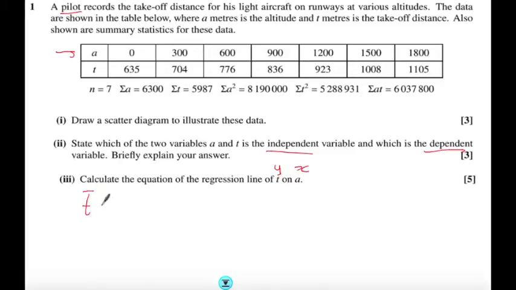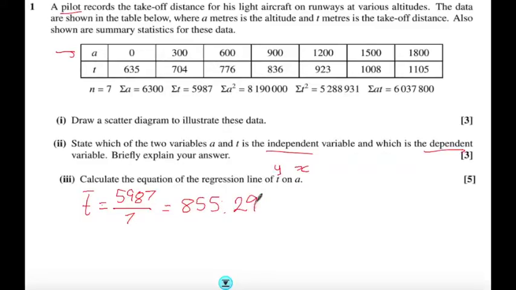So T bar is going to be the sum of T divided by N. So 5987 divided by 7, which is not a very nice number. So these are 3 significant figures, so let's give ours just a 4 until we get our line.